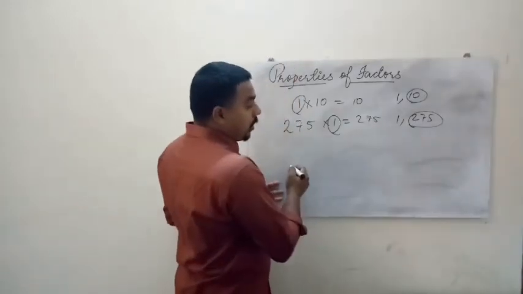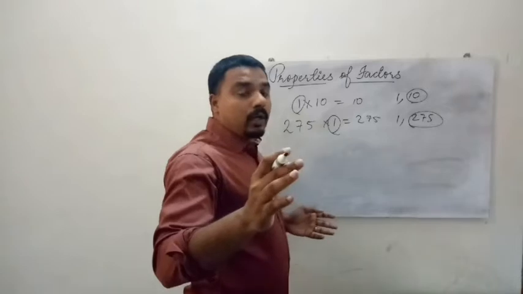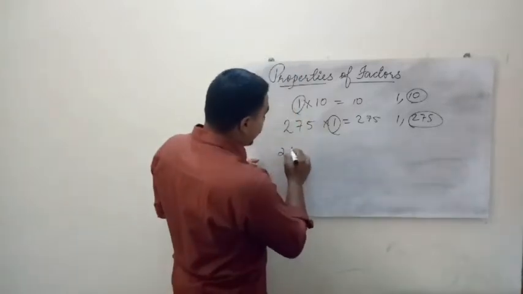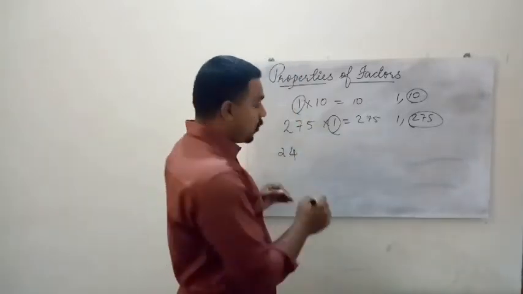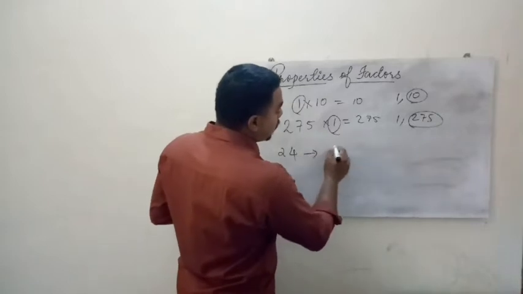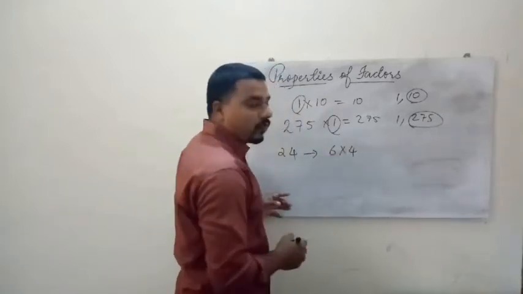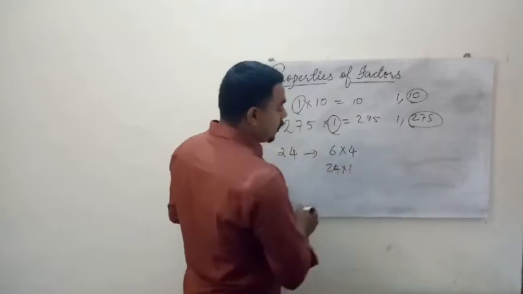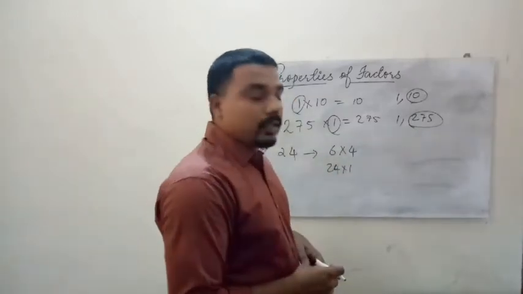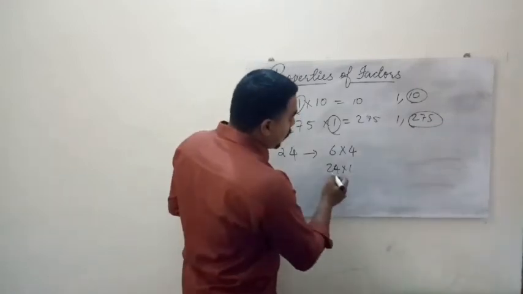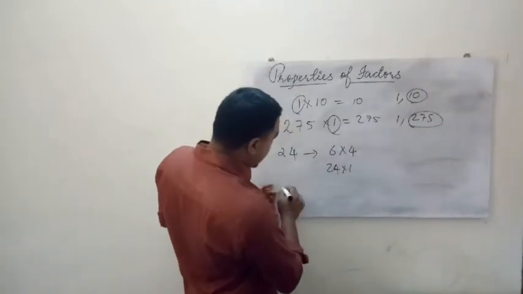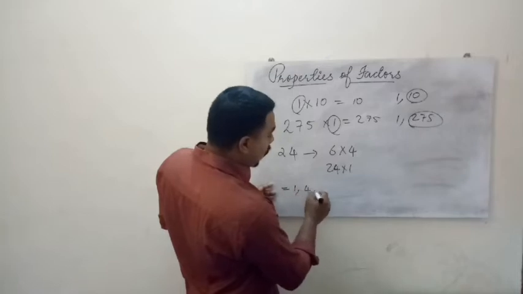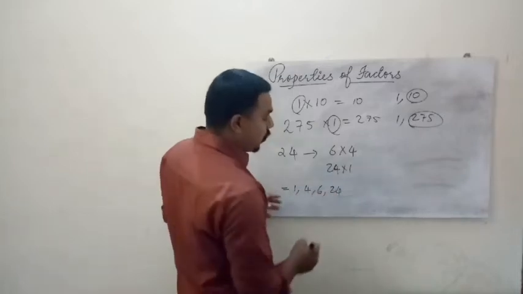For example, the factors of 24. We need to find the factors of 24. We have seen 6 into 4 and 24 into 1. Understand? So the factors are 1, 4, 6 and 24.